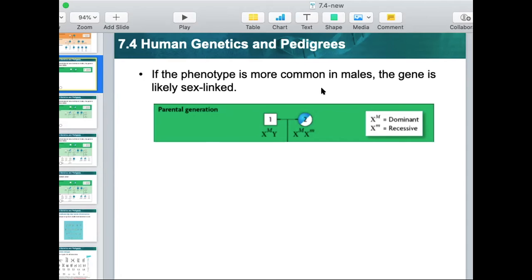So we're going to use another pedigree. It's similar to what we did last time, where we have squares for males, circles for females. The difference would be the shading. To show that there's a carrier, somebody who carries a recessive gene, we're going to have a half shaded circle for those who carry a trait but don't express that trait.